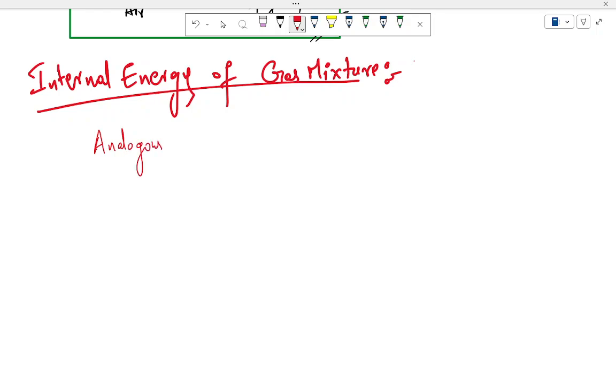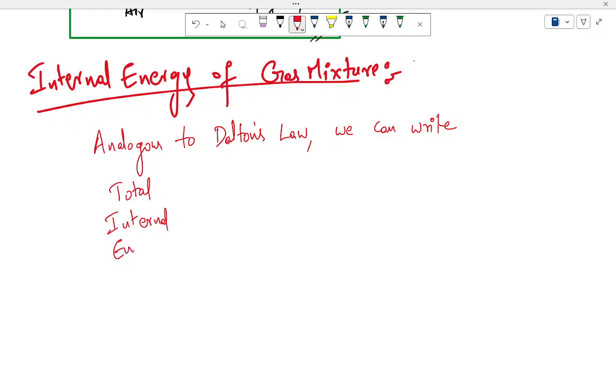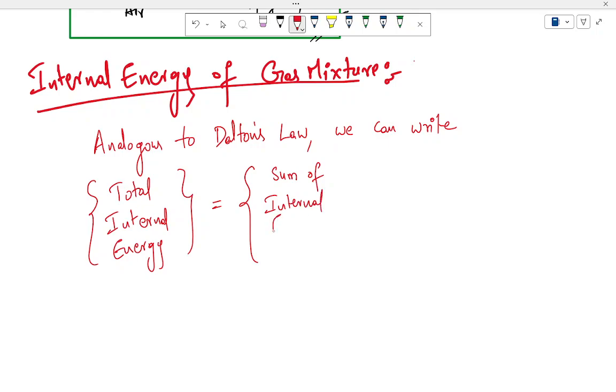Analogous to Dalton's law, we can write that the total internal energy will be equal to the sum of the internal energy of each gas.